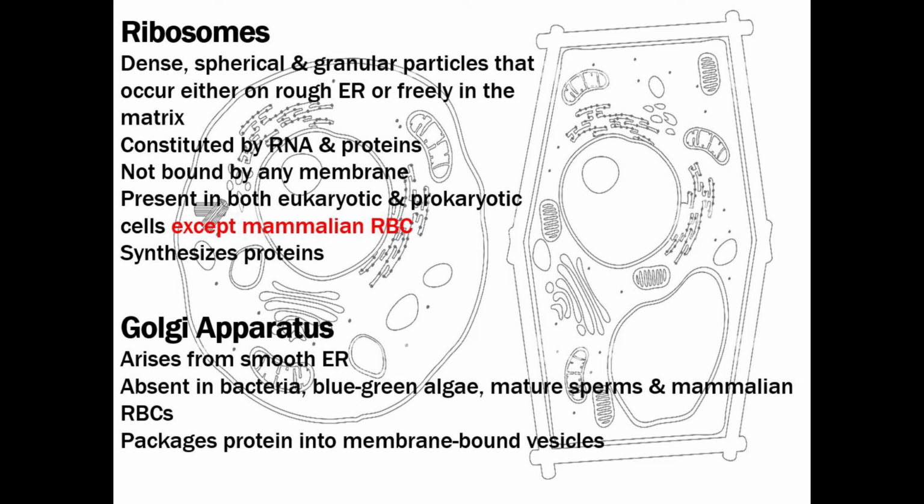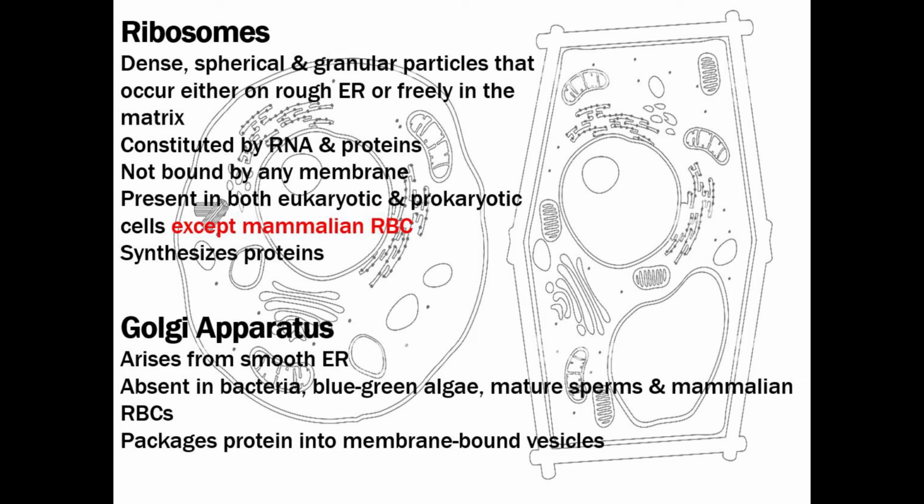It may consist either on the rough ER or it may freely traverse in the matrix. It is constituted by RNA, or ribonucleic acid, and proteins. It is not bound by any kind of membrane, and present in both eukaryotic and prokaryotic cells.